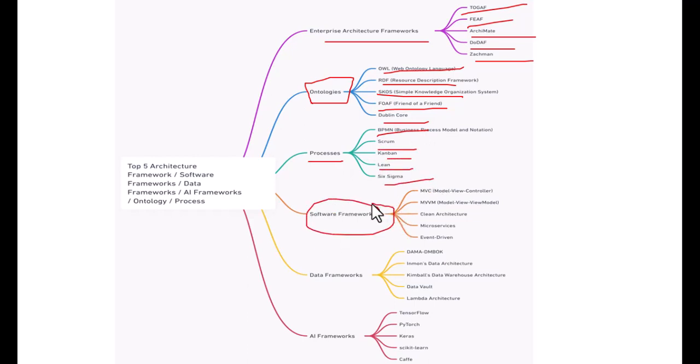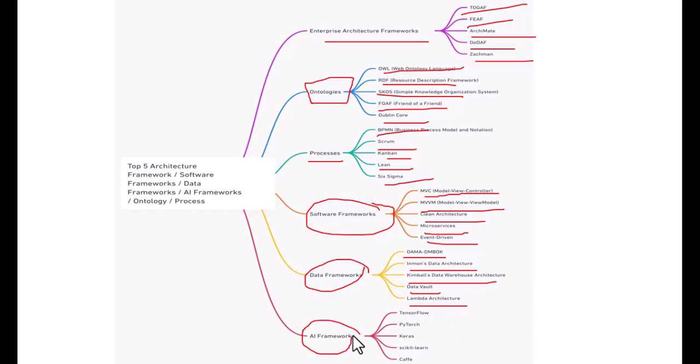From the software frameworks viewpoint, you must be aware of MVC, MVVM, clean architecture, microservice architecture, which is across the industry today, and event-driven architecture. From the data framework viewpoint, you can see DAMA and DMBOK. Then the other data architectures available, from Data Vault to Lambda architecture.